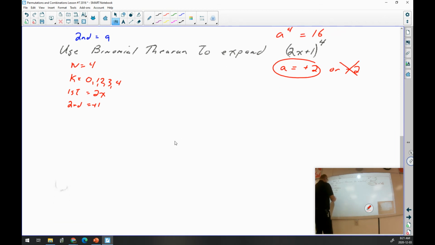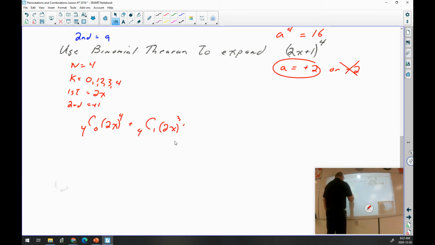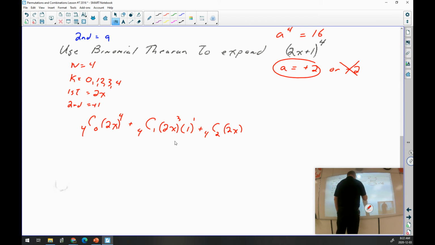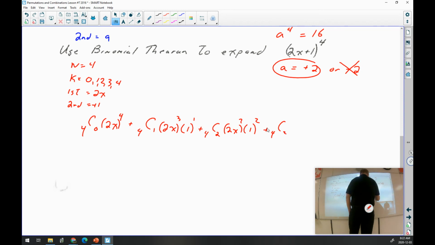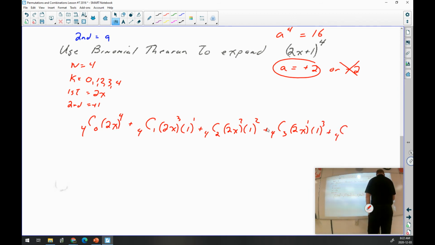So we're going to go 4 choose 0, 2x to the 4, plus 4 choose 1, 2x to the power of 3, 1 to the power of 1, plus 4 choose 2, 2x squared, 1 squared, plus 4 choose 3, 2x to the power of 1, and 1 cubed, and 4 choose 4, 2x to the 0, 1 to the 4th.